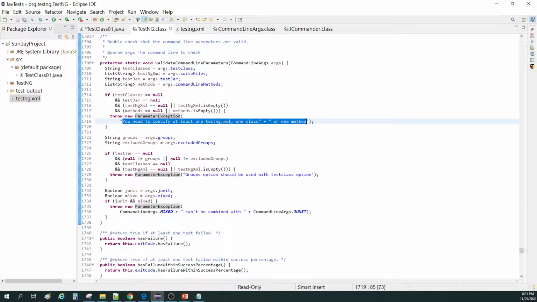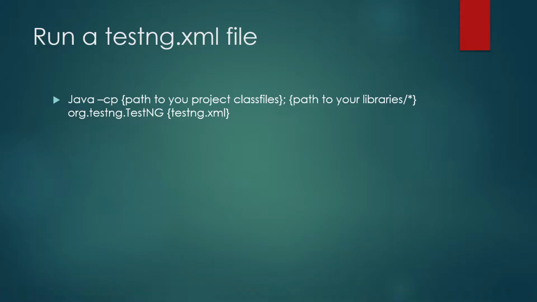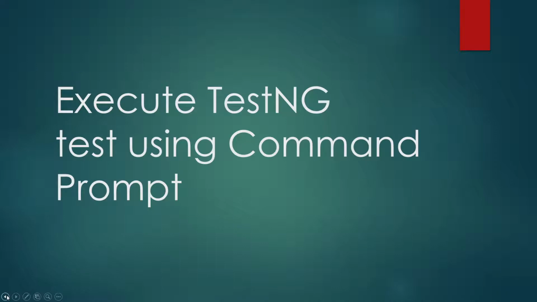I was using my command prompt to execute my test, with the command where we set the class file, specify the TestNG class, and then pass the argument. I will quickly show you to make it understandable.